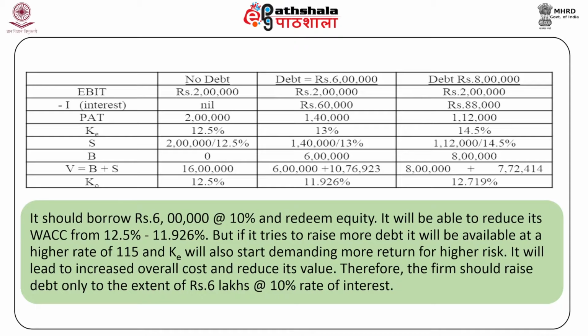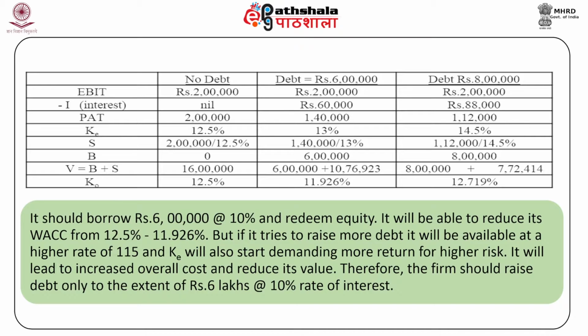The second column is talking about the situation where there is no debt in the business. In that case, EBIT is 2 lakhs. There is no interest payment. PAT is 2 lakhs. KE is 12.5%. So when you divide 2 lakhs by 12.5%, you get V as 16 lakhs because the value of debt is nil. And overall KO is 12.5%.